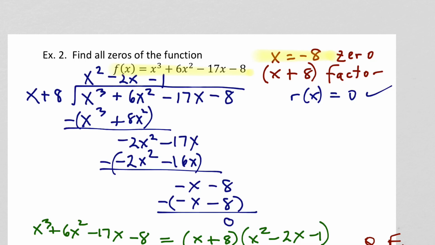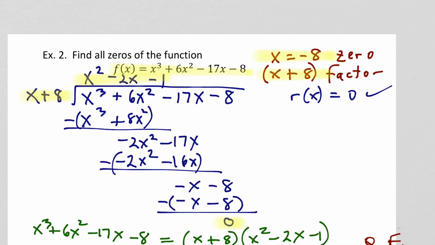We found that f of negative 8 is 0, and that means that negative 8 is a 0 of our function, which means that x plus 8 is a factor of our function, which means if I divide by x plus 8, I should get a 0 remainder, and then uncover what the other factor of the function is.